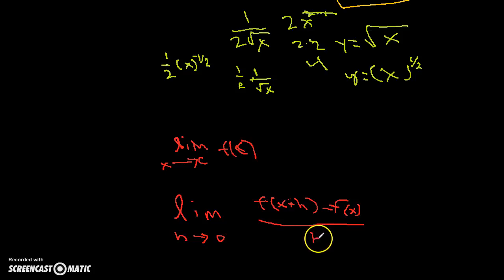As you can probably see, we cannot just plug in 0 for h, because then it would be f of x minus f of x, which would be 0, and h divided by 0. So 0 over 0 is just undefined.